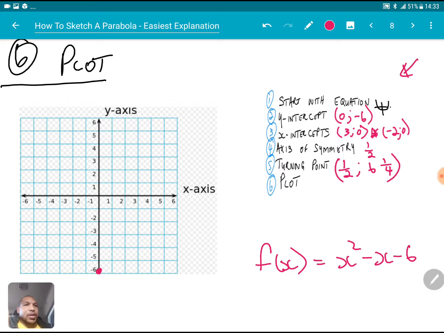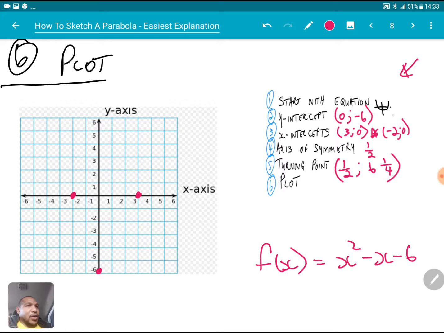Second point is my x-intercepts, 3 and 0. There's 3 on my x, and everywhere on my x-axis the y is 0. My other point is -2 and 0. And remember, my x-intercepts are where my graph cuts the x-axis.